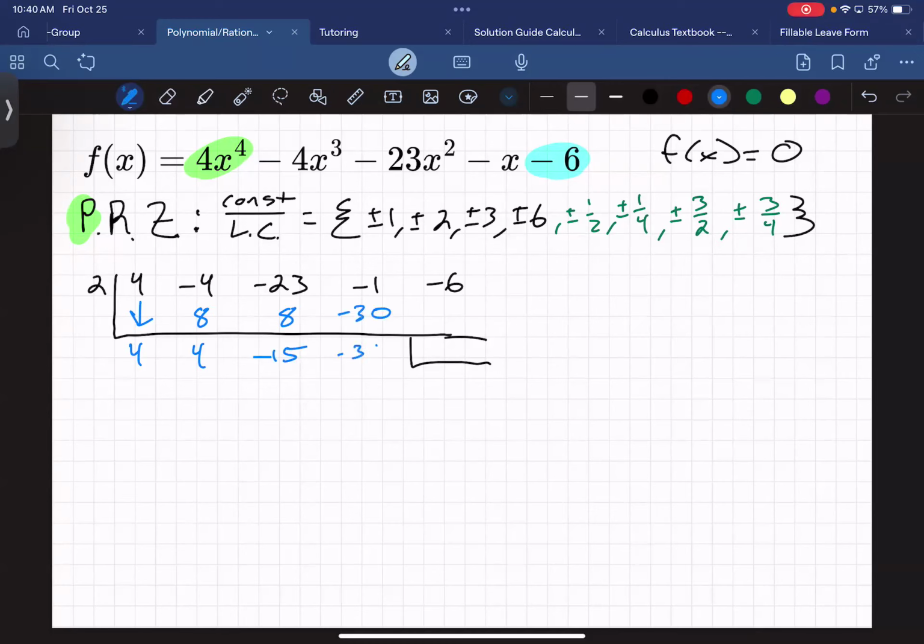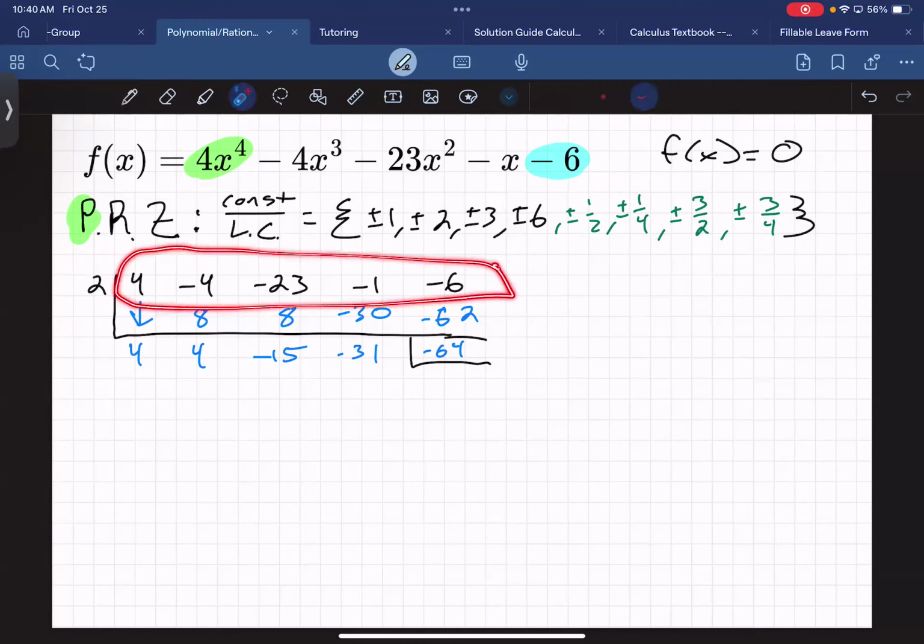Did the 2 work? Now, did you completely waste your time though? Do we completely waste our time when it does not work? What does this represent here? Where did we get that from? That was our function, right?